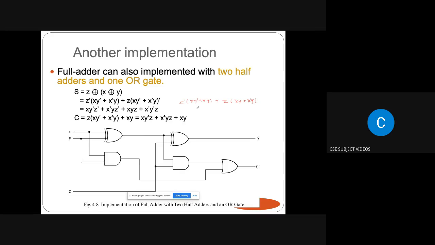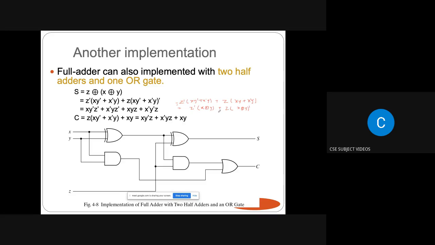So this can be written as z' into (x XOR y) plus z into (x XOR y) the whole complement.